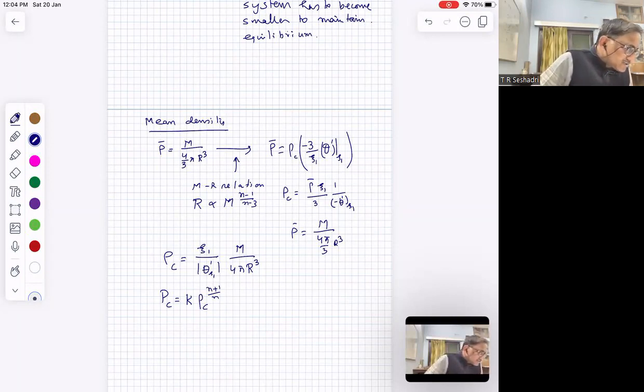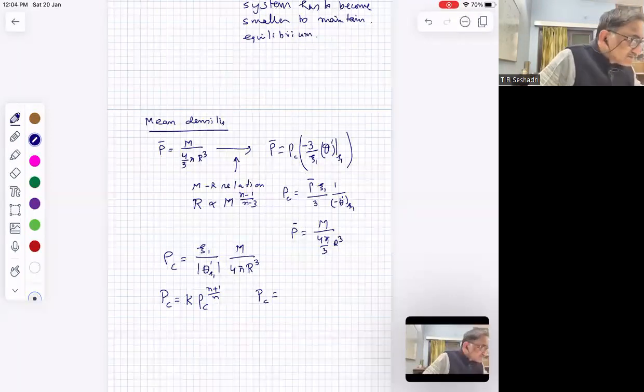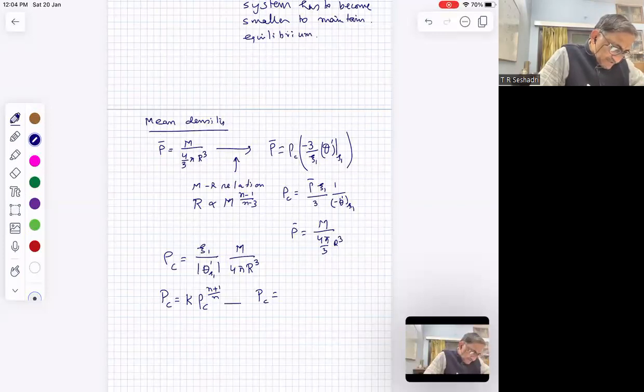And if I actually calculate all this, it will come out to be rho c equal to, now I substitute rho c in terms of rho bar, which is equal to 3m by 4 pi r cube, which I just did.